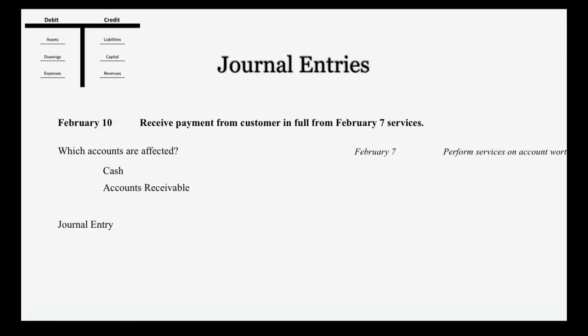So to increase cash, which is an asset, we will debit cash. And to decrease accounts receivable, which is an asset, we will credit accounts receivable. And we get that $1,500 by taking a look back on February 7th to see what was the full amount of those services that we performed.